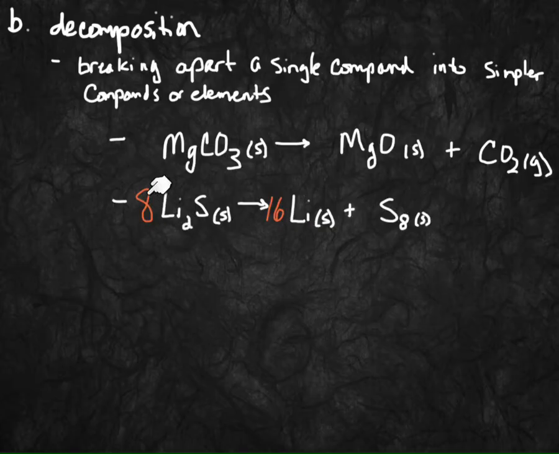And so to balance this, we would need 8 sulfurs. And to get 8 sulfurs, we're going to wind up with 16 lithiums to go with. So that's 8, 16, and 1 is the balanced equation for that one. But the big thing to notice is that this is a compound breaking up into its simpler parts.